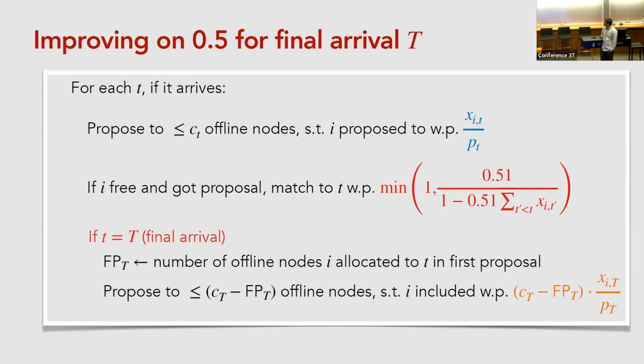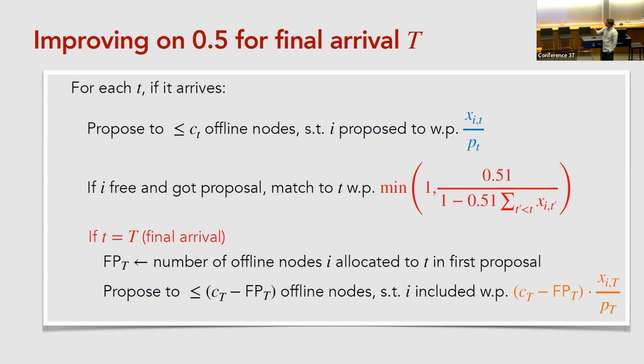Good. So now, just for the final arrival, here's the idea we're going to use to improve on the half algorithm that we currently have. We're going to let FPT be the number of offline nodes that T got in the first proposal. And we're going to hope that sometimes this number FPT is smaller than CT, because that means there's actually some remaining capacity in the arrival to serve more agents.